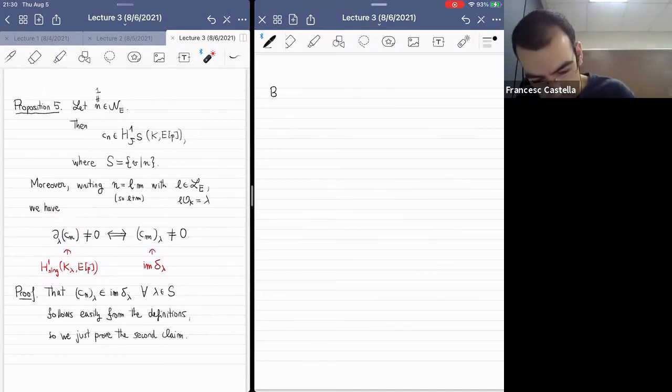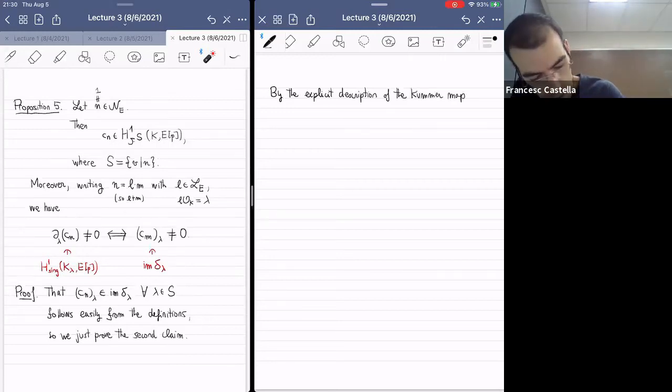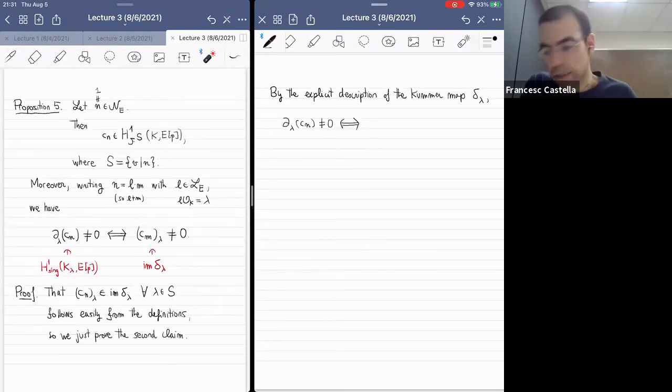Okay, so by the explicit description of the Kummer map, is delta sub lambda. This is going to be non-zero if and only if the following explicit cocycle is non-zero.